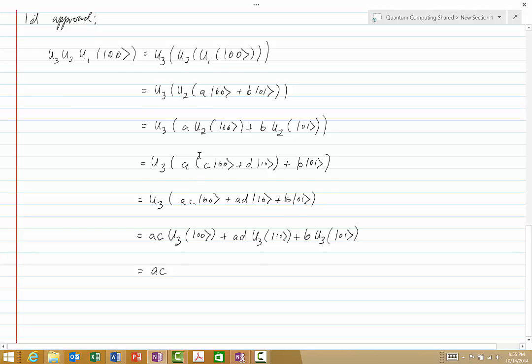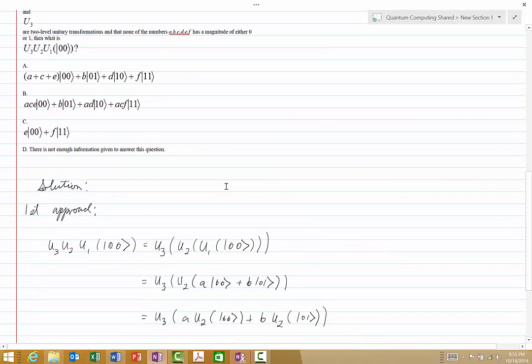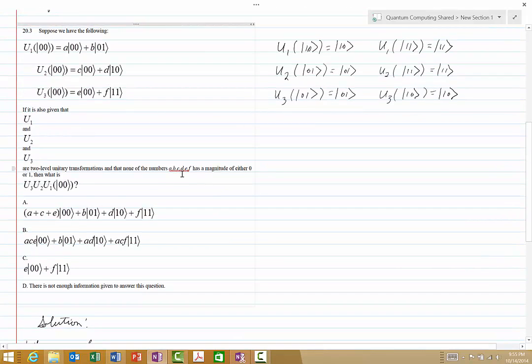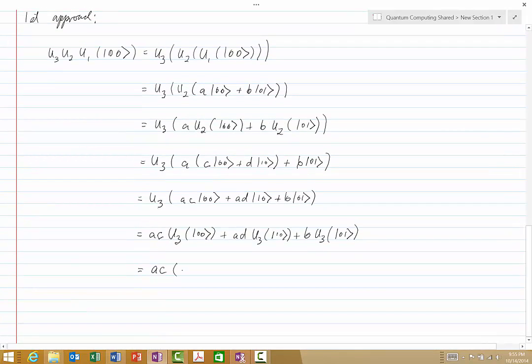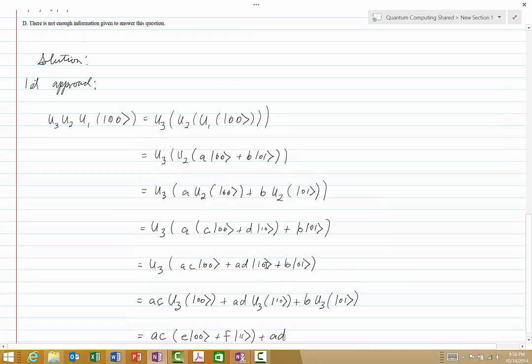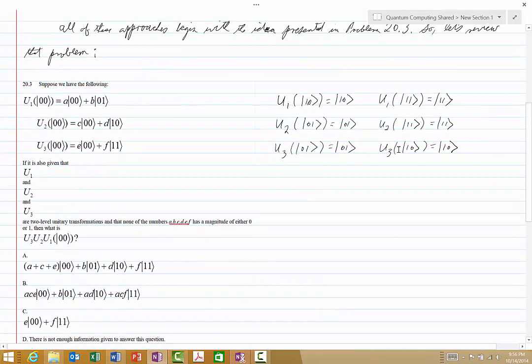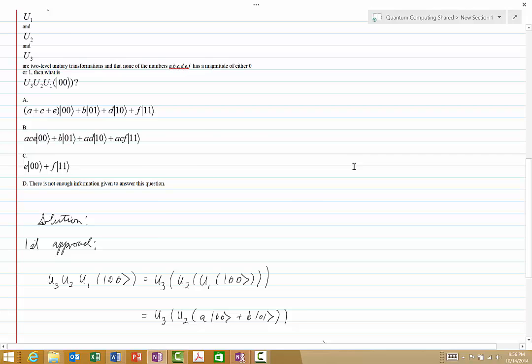And so now we look above: U3 of 0, 0 is given to be E0, 0 plus F1, 1. U3 of 1, 0 is given over here to be 1, 0, and likewise U3 of 0, 1 is 0, 1.